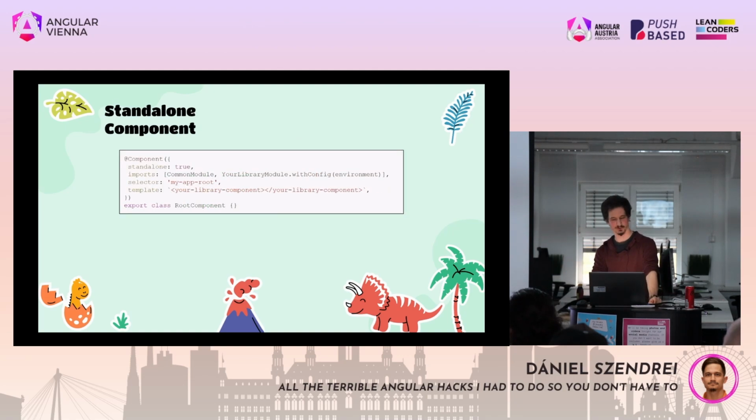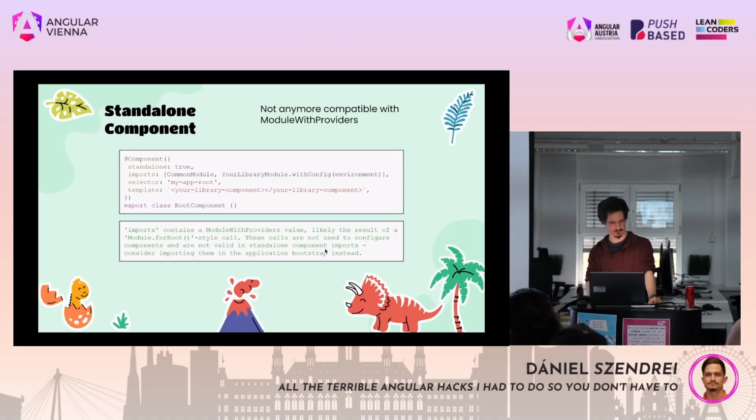And then in a standalone component, if you want to reuse the same thing, so if you want to use this withConfig pattern with your library module, then you will get this error, right? That the ModuleWithProviders value is not accepted anymore, and it's likely a result of module forRoot style code. Yes, exactly, this is what I wanted to have.